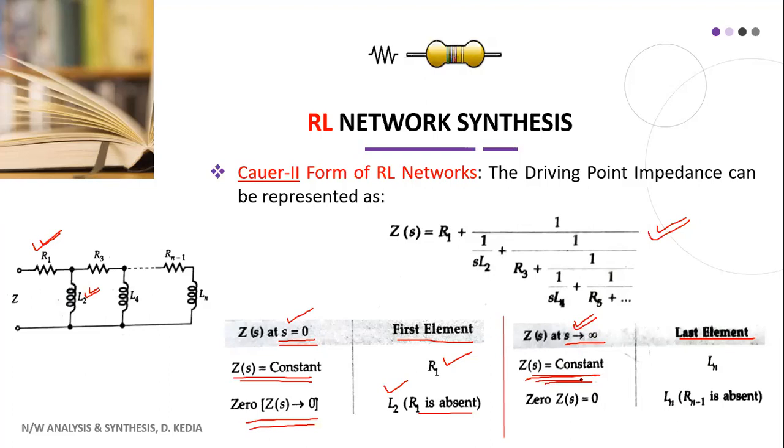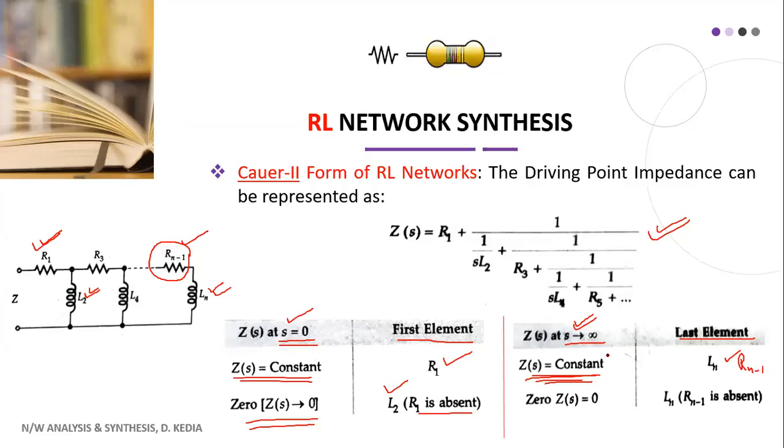Okay. So Zs is a constant means last element is inductor, but before that, the n minus 1th element is Rn minus 1. So if for s tending to infinity, Zs is a constant, this Rn minus 1 will be present, but last element is Ln. So that's why Ln is written here. Ln is there. Along with that, obviously Rn minus 1 will be there.